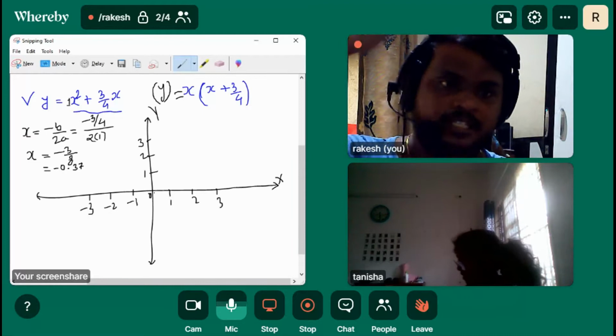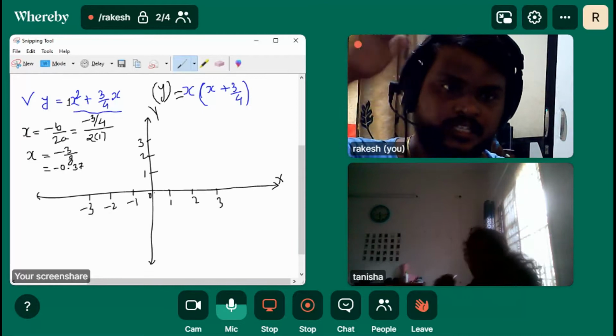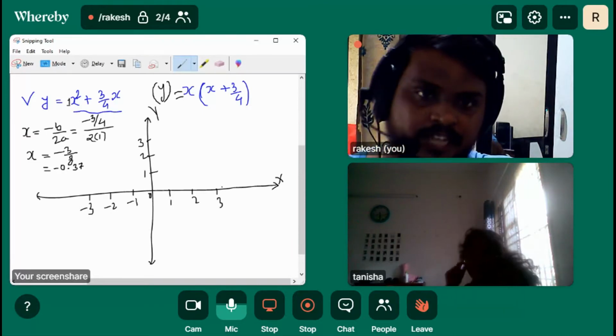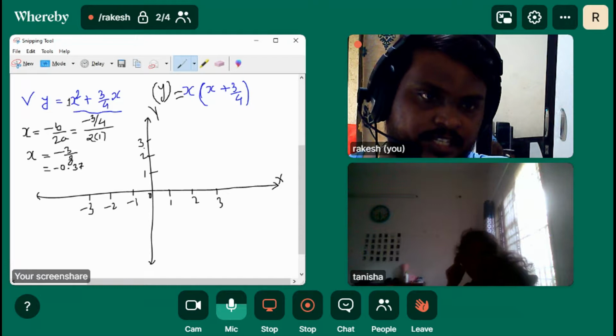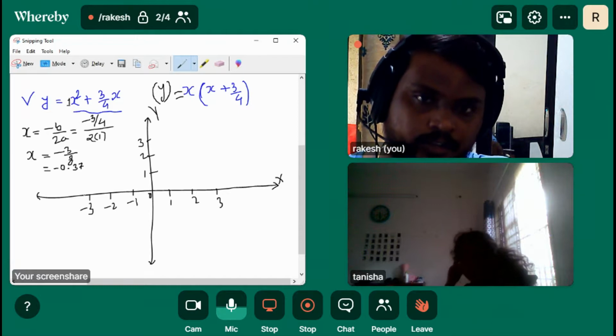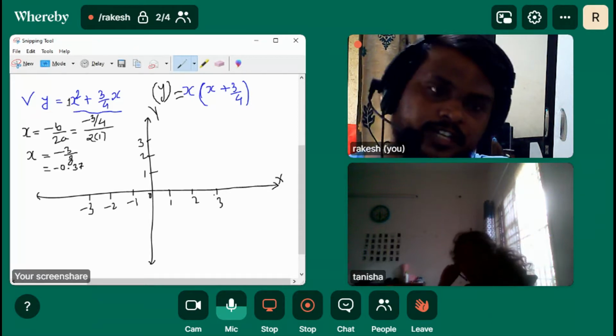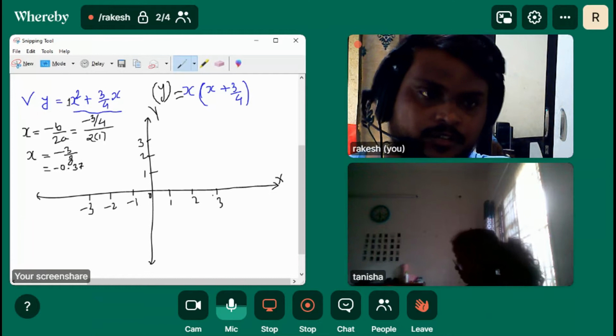Because there is no rise above the x axis. If there is a rise, then only we get y coordinates apart from 0. Otherwise, on the x axis, the y value is always 0.